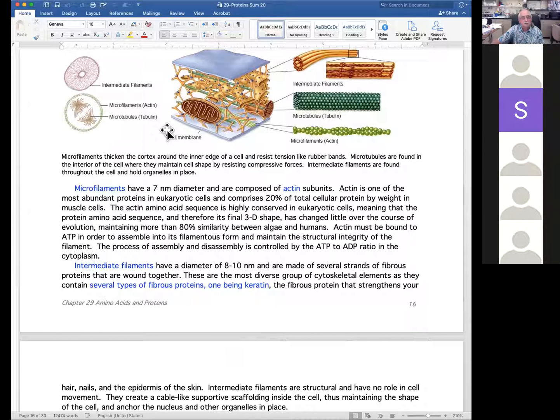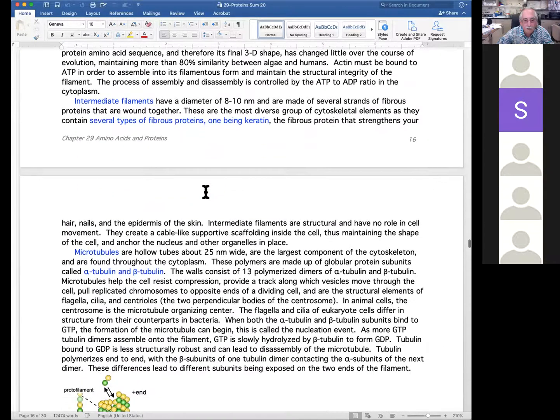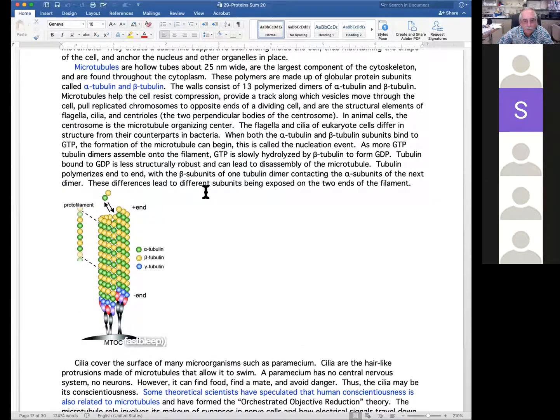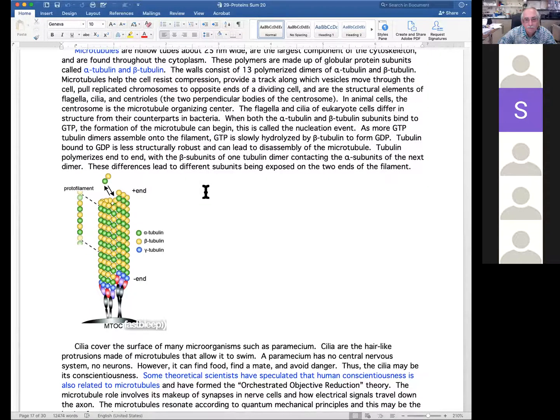So it takes energy to go through mitosis and all that kind of stuff. So here's some information about microtubules. There's different kinds of tubulin.